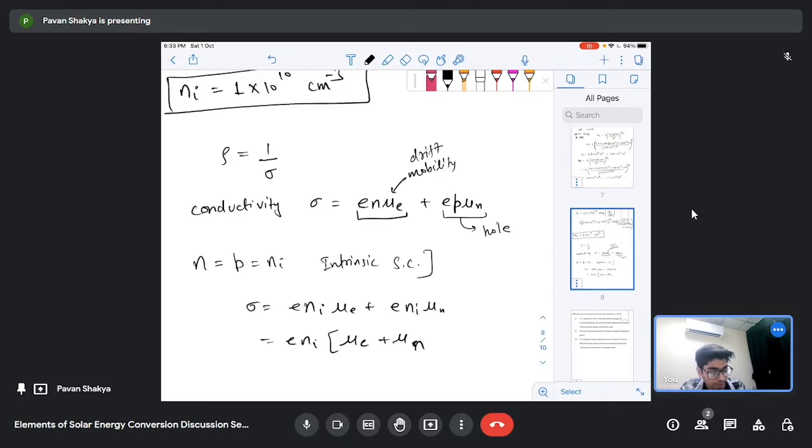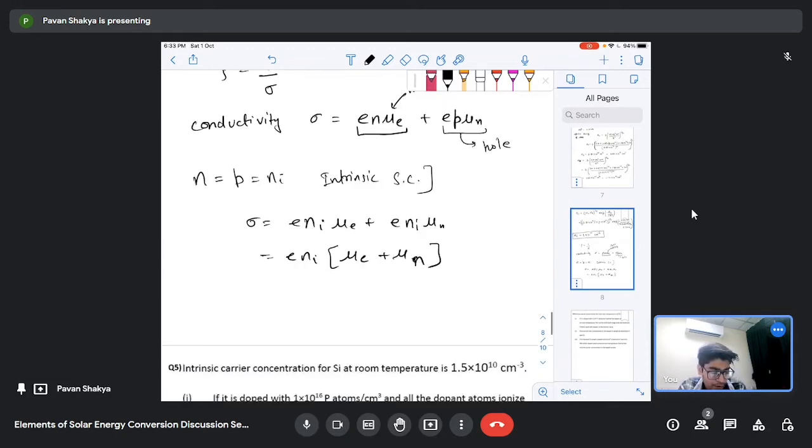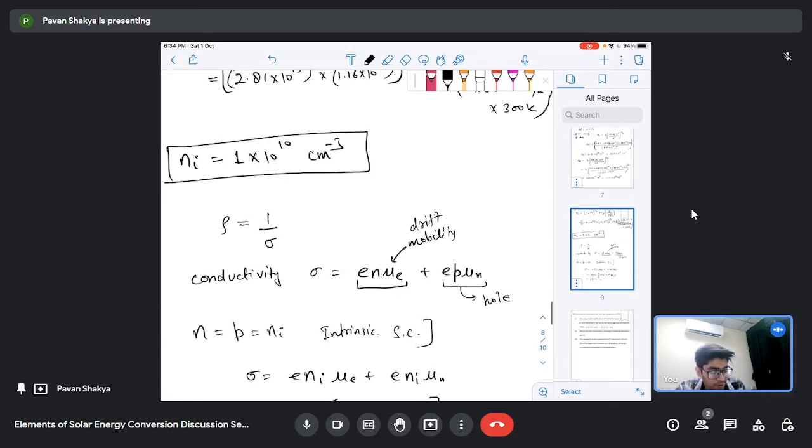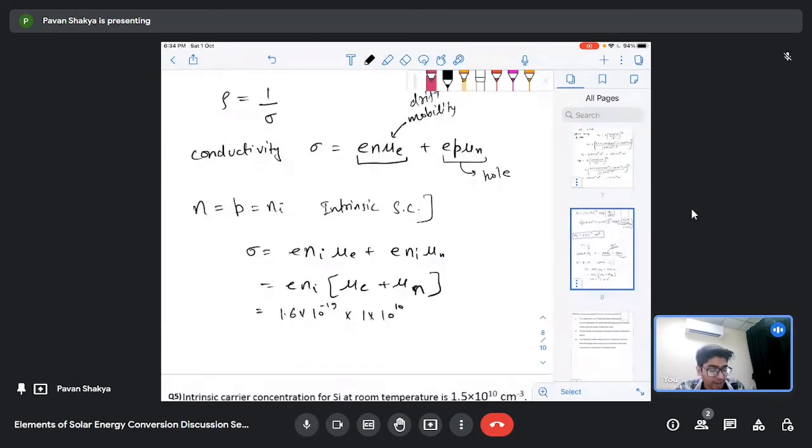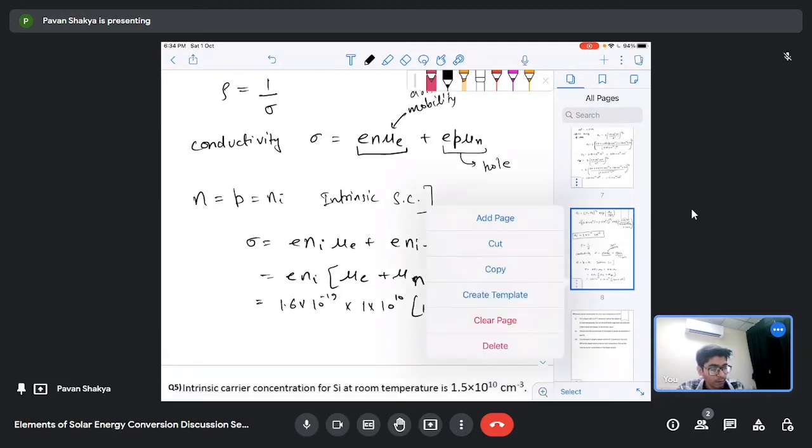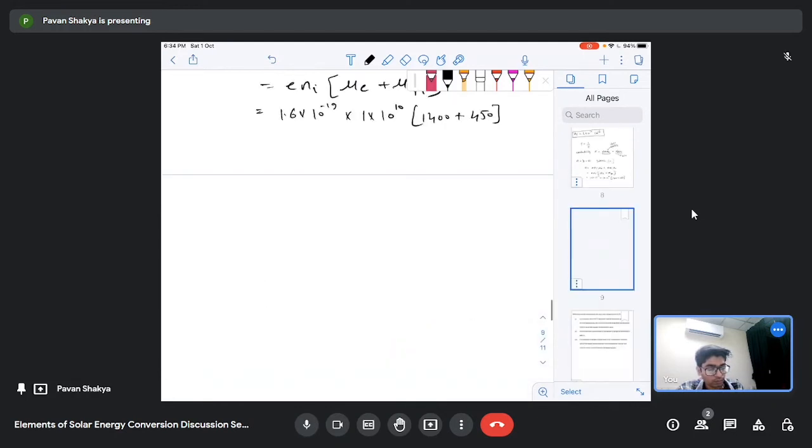Now we put the value for e as 1.6 into 10 to the power minus 19 coulomb, multiplied by the Ni that we calculated as 1 into 10 to the power 10 per centimeter cube, and mu e is given as 1400 and mu h is given as 450.